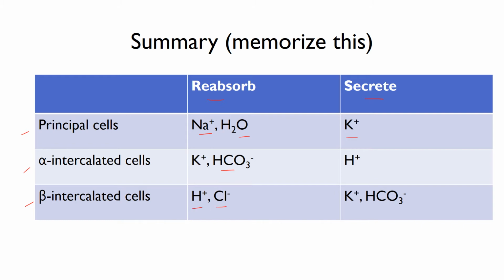So you're going to learn all of these hydrogen bicarbonate processes in your acid-base physiology as a separate lecture, because it really is not only its own system, and it is integrated with everything else, but believe me, it can definitely warrant its own time and attention. Therefore, understanding this now, keeping these 3 cell types straight, what they reabsorb and what they secrete, will really help you out as you get into that acid-base physiology.